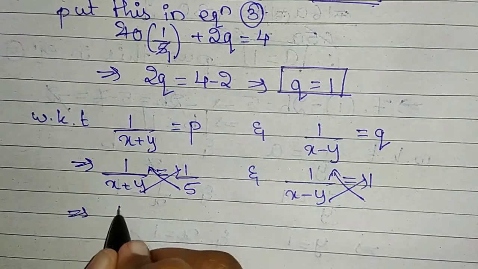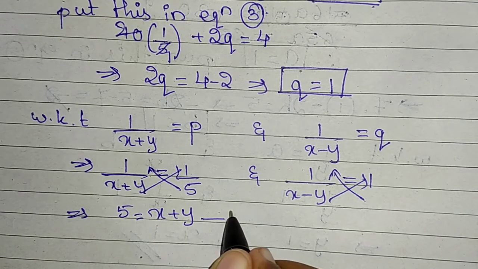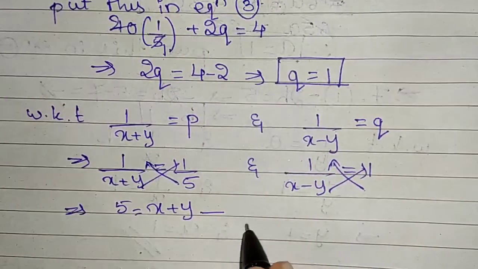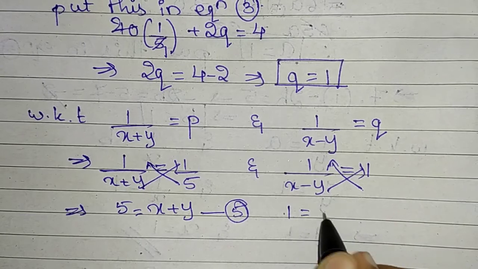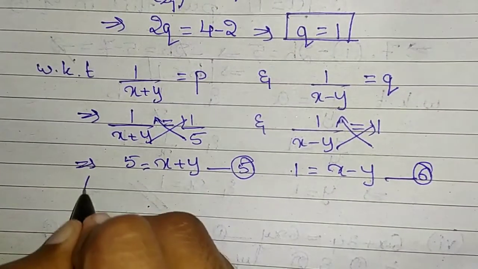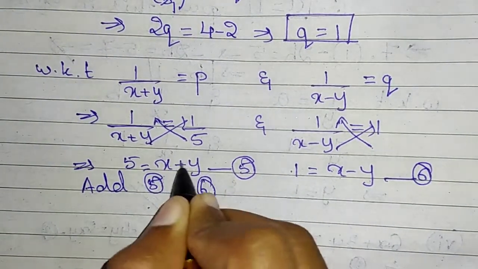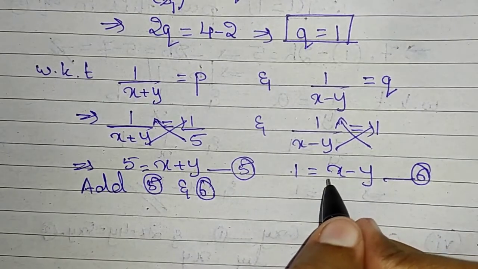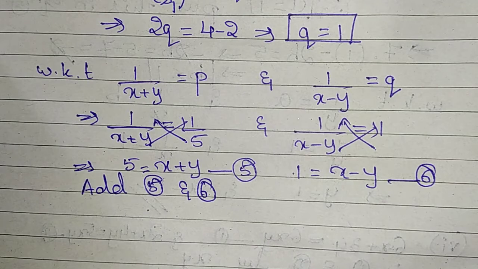We get 5 is equal to x plus y. This is our equation 5, and 1 is equal to x minus y. This is our equation 6. Add 5 and 6. They are linear equations in two variables, and they are consistent together because x plus y and x minus y are there.